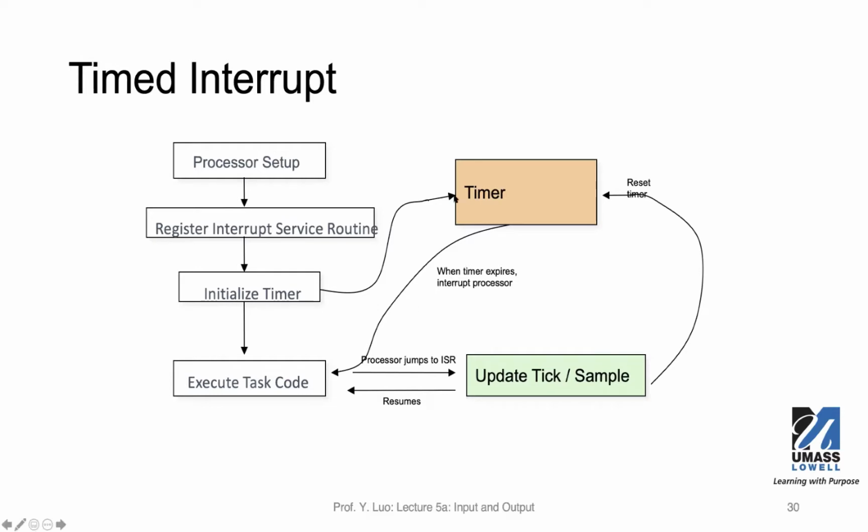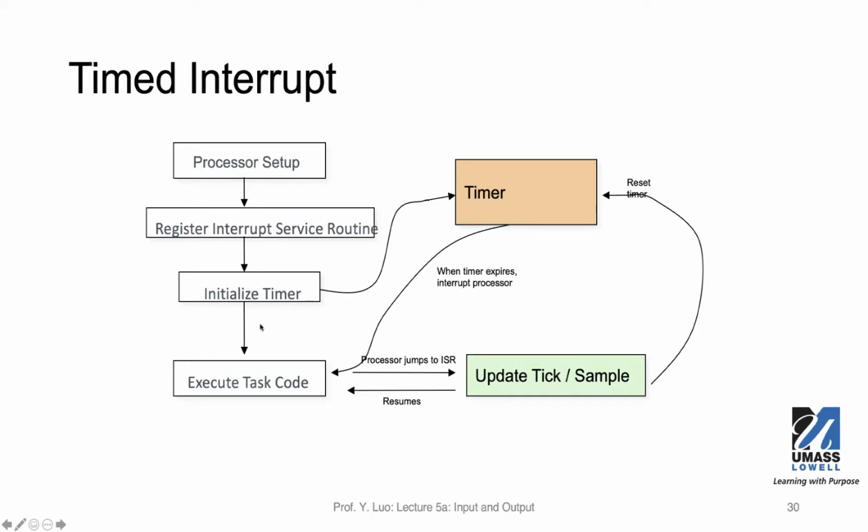So the timer is a hardware unit, a hardware controller within the microcontroller. So you will work with the timer unit through registers. As you work with many other components within the processor, you always use registers to do that. So it's important to understand what registers are involved and then be able to work with those registers accordingly.